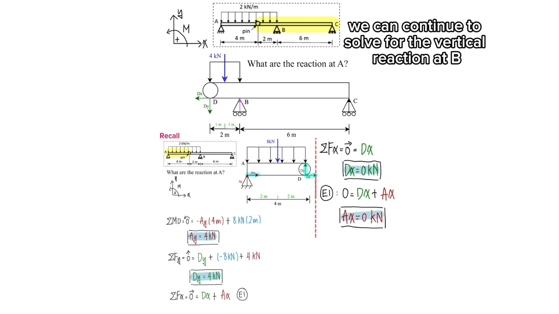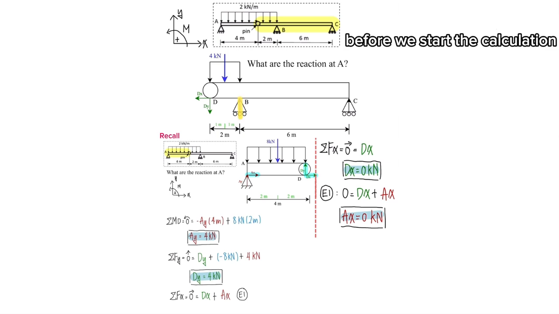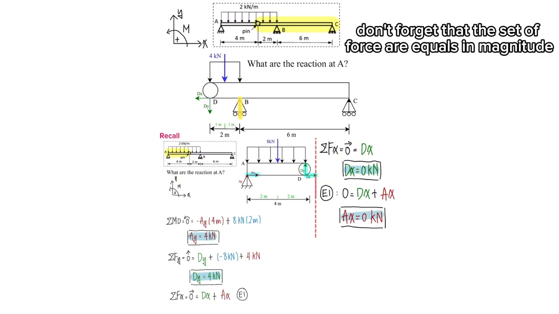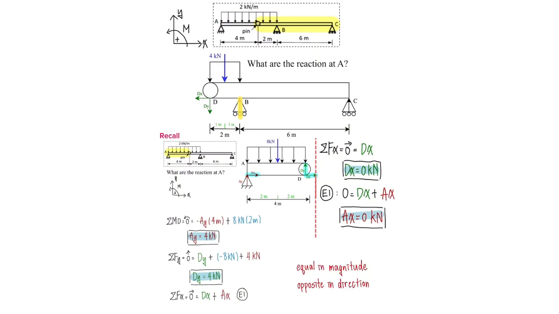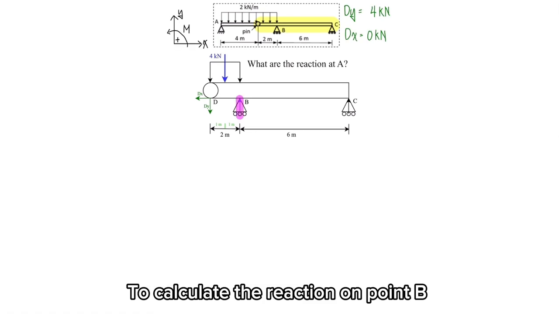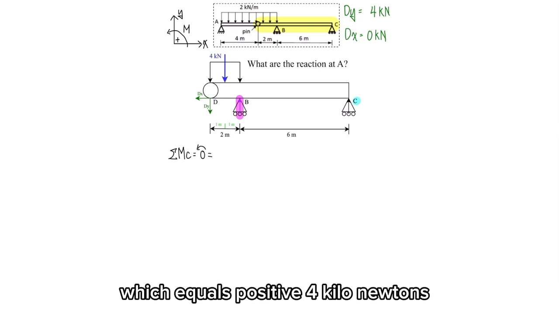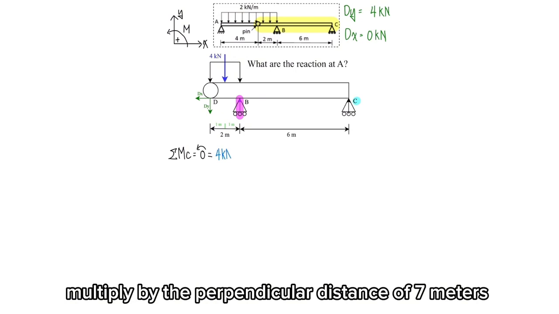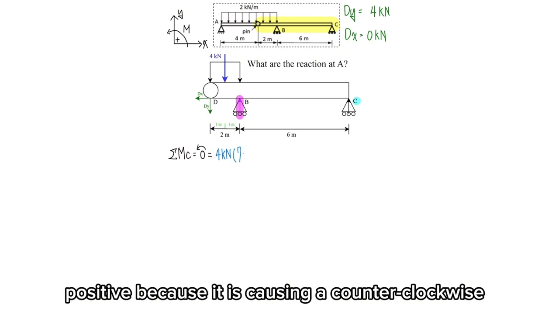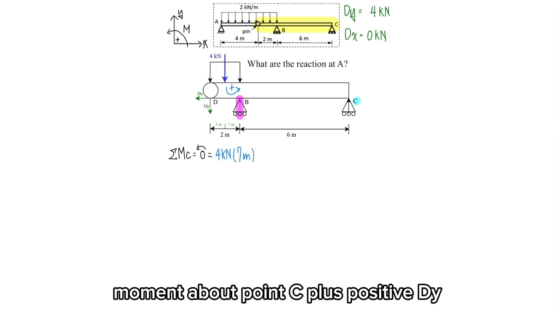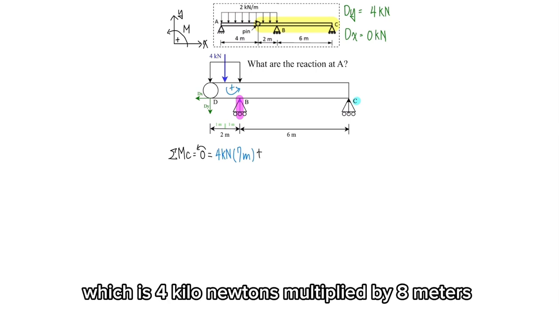We can continue to solve for the vertical reaction at B. Before we start the calculation, don't forget that the set of forces are equal in magnitude but opposite in direction. To calculate the reaction at point B, we will take the moment about point C that equals 0, which equals positive 4 kilonewtons multiplied by the perpendicular distance of 7 meters, positive because it is causing a counterclockwise moment about point C, plus positive DY, which is 4 kilonewtons multiplied by 8 meters.